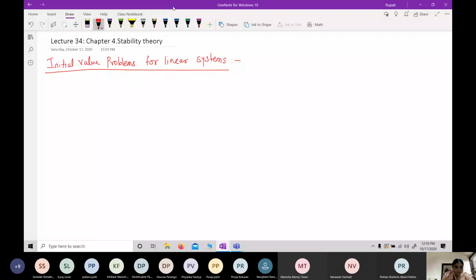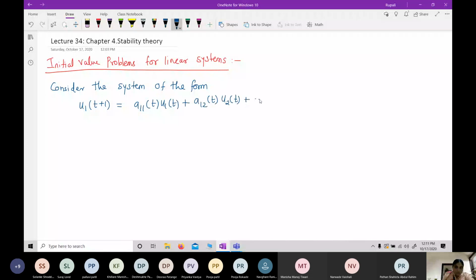Consider the system of the form u1 t plus 1 is equal to a11 t u1 t plus a12 t u2 t plus and so on a1n of t un t plus f1 t.